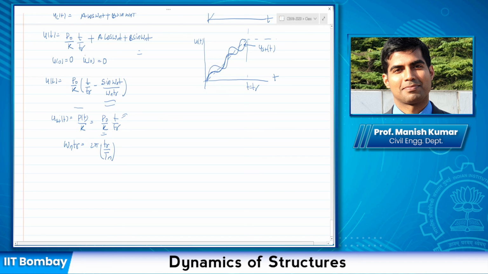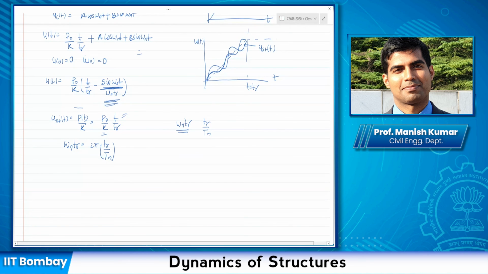It follows the static displacement curve, and how much vibration it has around that curve depends on omega n and tr, because that decides how much the sinusoidally varying function is reduced by. That is decided by tr by Tn. So this is the first part, when the force is still linearly increasing.